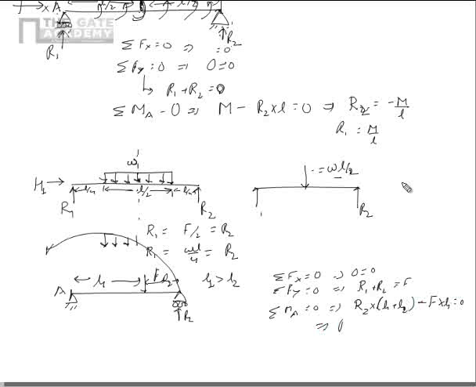So that leads to R2 equal to F L1 upon L1 plus L2. And if you convert that to R1, that will be F L2 upon L1 plus L2.